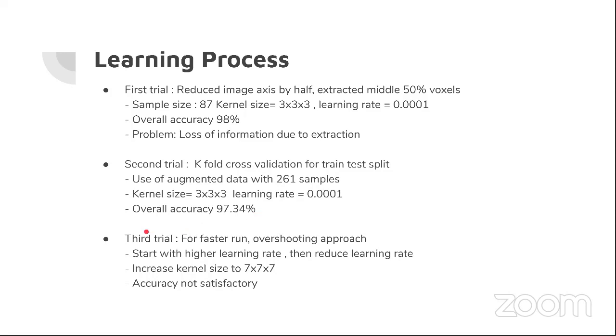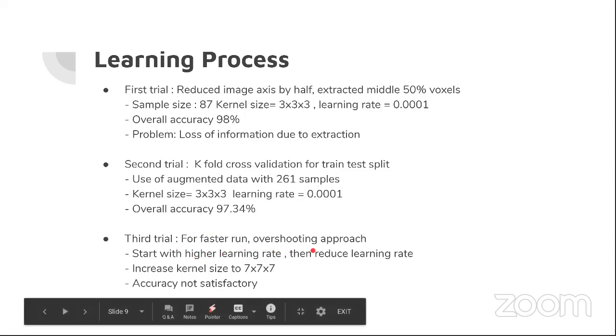So this time we went ahead with a faster run approach, because one of our main issues with the trials was training time. To get the minimum loss in less time, we started with a higher learning rate, that is, 10 times the original learning rate we had over here, ran some epochs and saved the model at the lowest loss, then reduced the learning rate and trained the model again on the same sample sizes we had before.